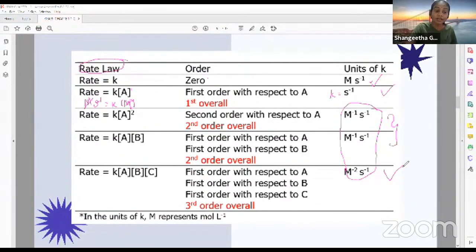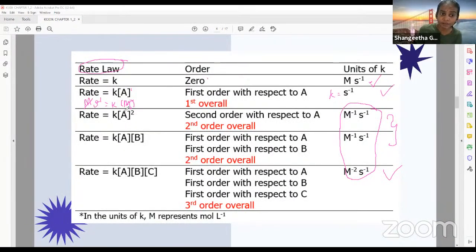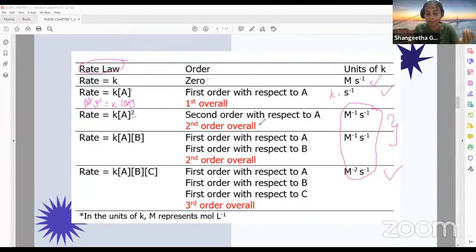For now, let's say only reactant A is important. Second order with respect to A means a power of 2, so it becomes a second order overall reaction. Remember, the total order is the sum of the exponents available in your rate law.